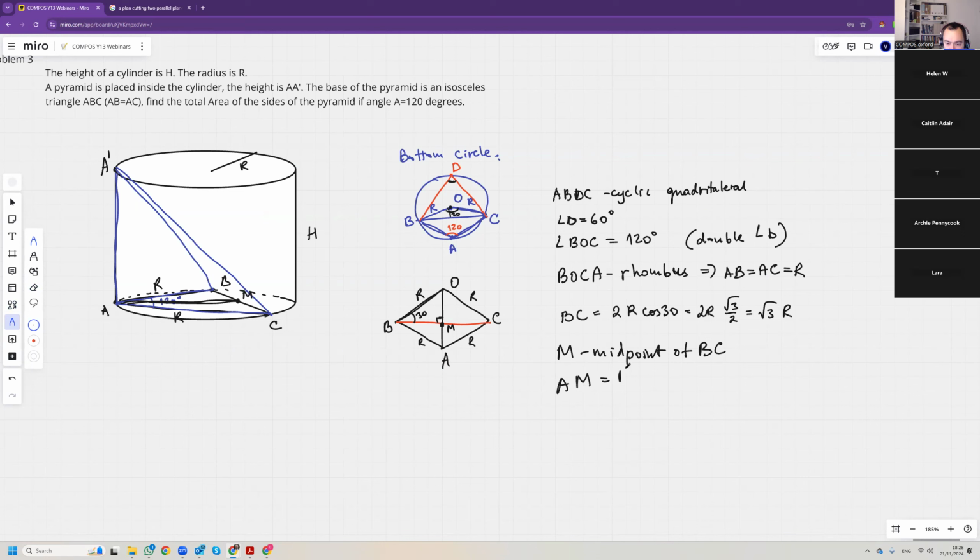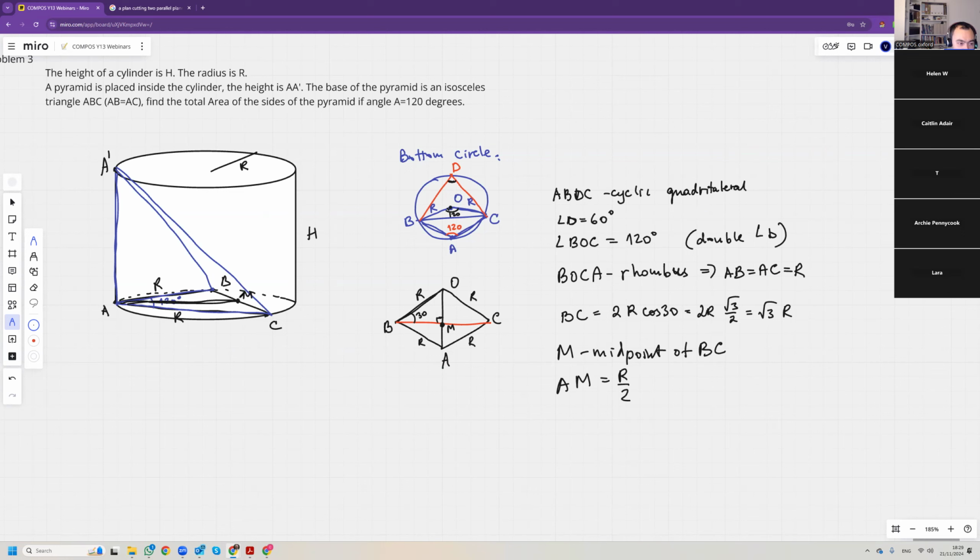So AM is R over 2, radius over 2, and it's obvious from this triangle because this is a rhombus with angles 120, 120, 60, and 60. So AM is R over 2, and this is the height of that triangle.